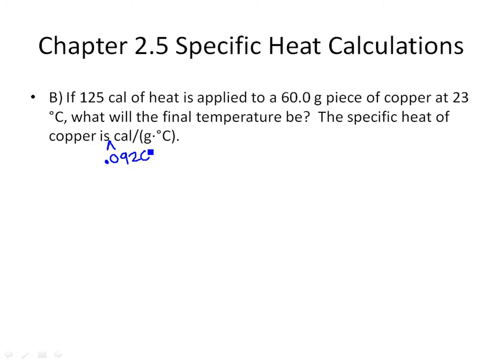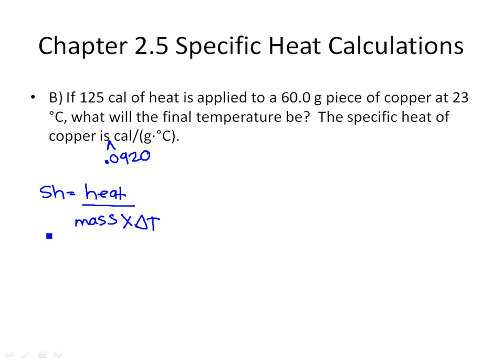Okay, specific heat's the same, but this time we are going to rearrange the problem and solve for change of T. So if we look at our original, we have specific heat equal to heat over mass times the change of T. In part A, we rearranged to solve for heat.